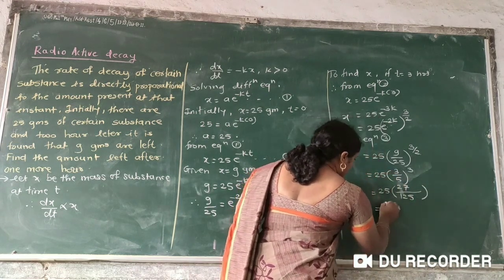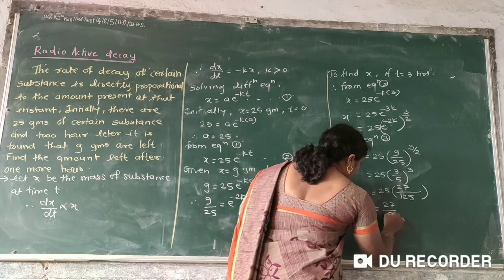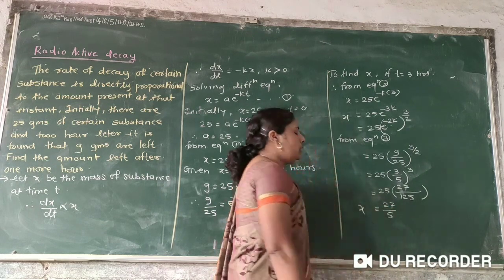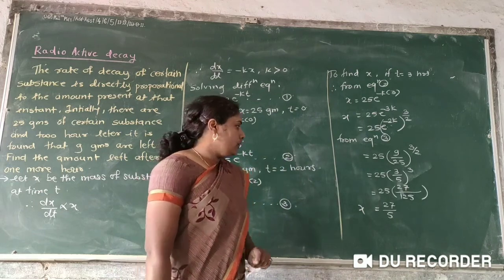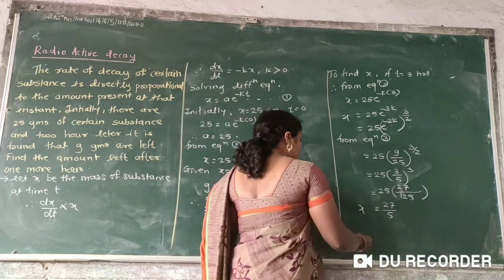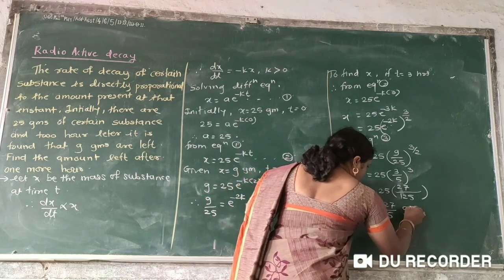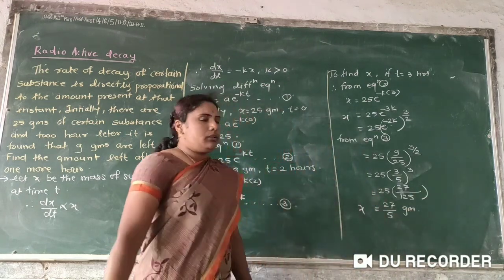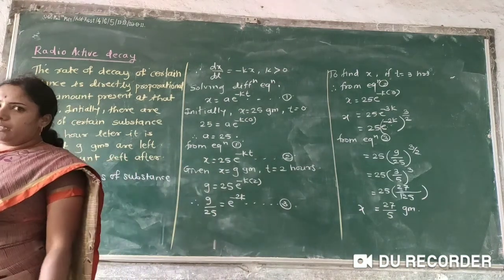Again simplifying this, we get 27 upon 5. x is equal to 27 upon 5. This is the mass of the radioactive substance, which is in grams. Therefore, x is equal to 27 upon 5 grams.